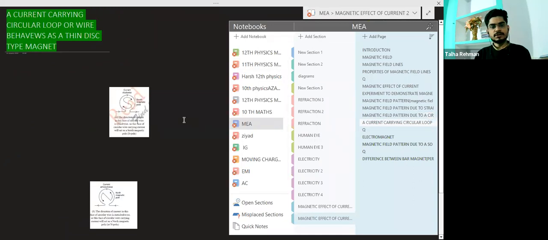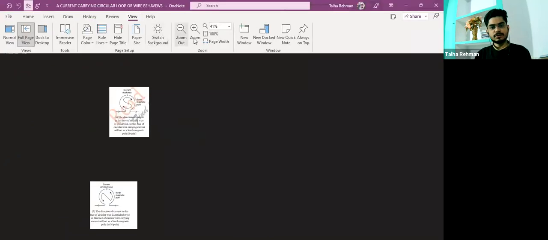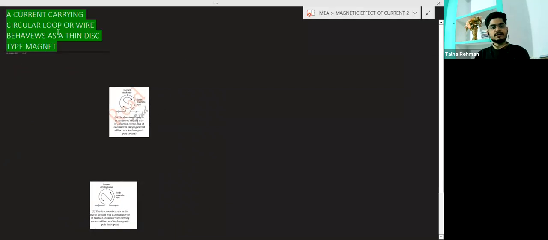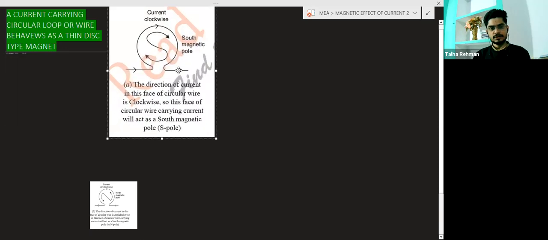Now, this is another very easy topic. A current carrying circular loop or wire behaves as a thin disc or a type of magnet.